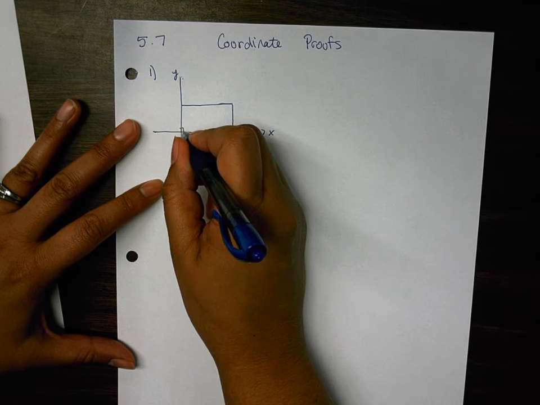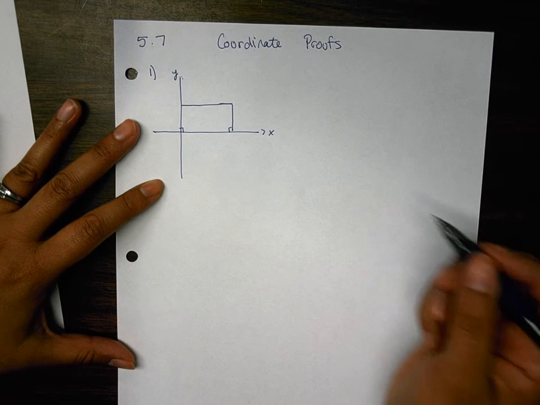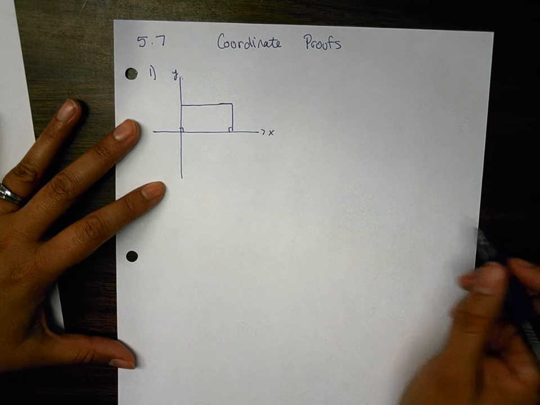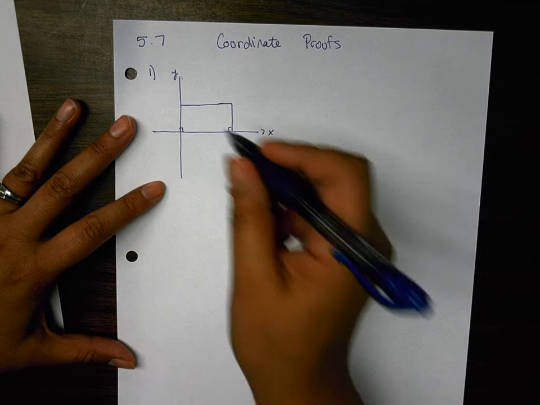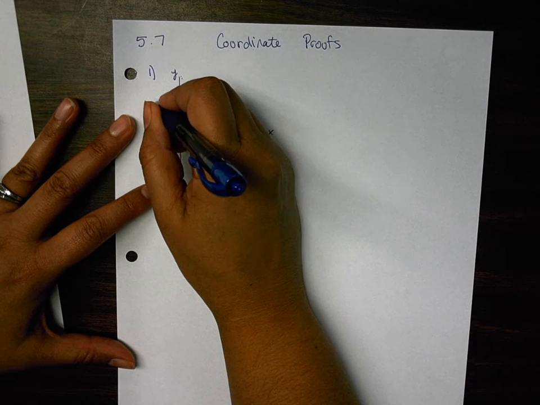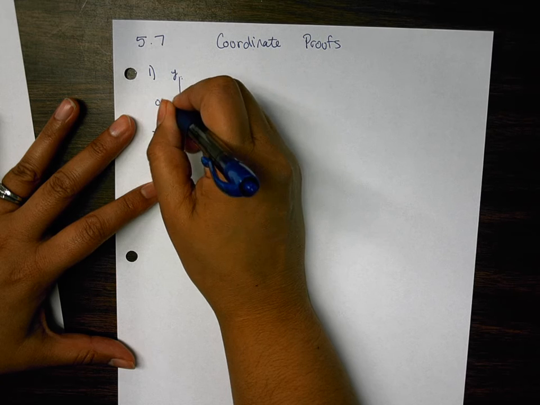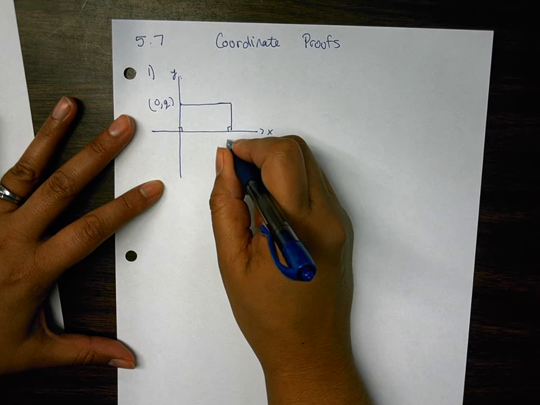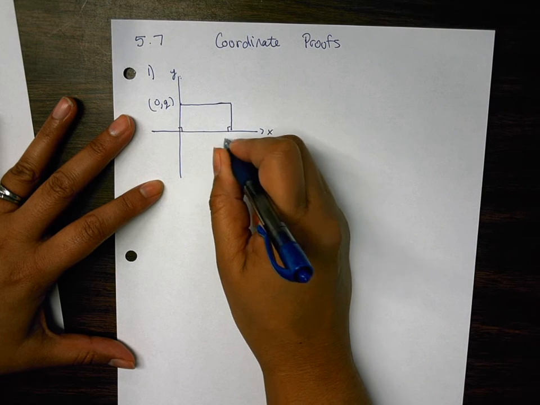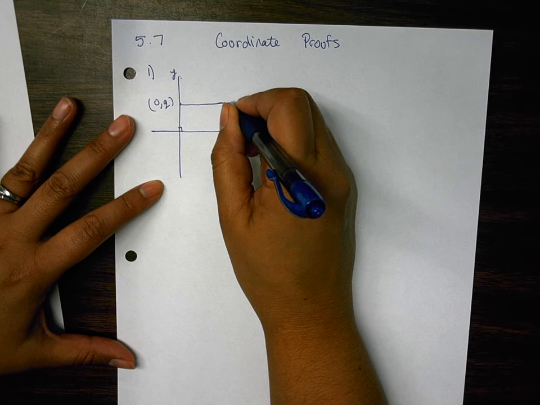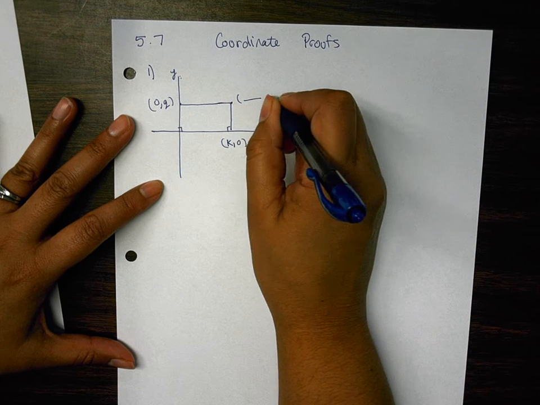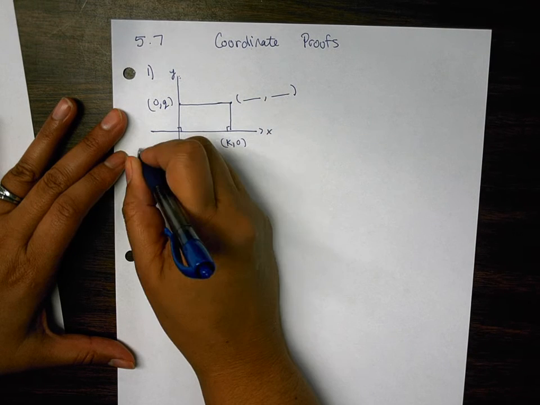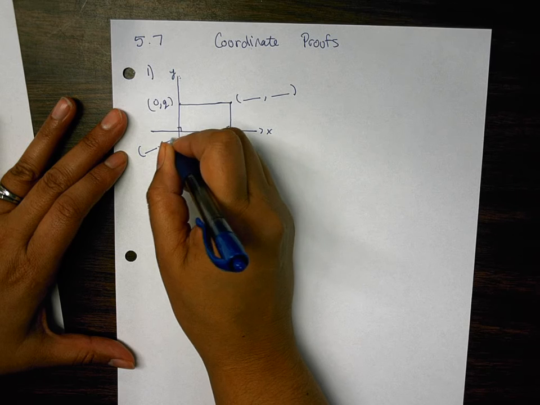I'm going to put that there's right angles and a right angle. I'm going to label that this is 0, Q, and this is K, 0, and this is blank, blank, blank, blank.